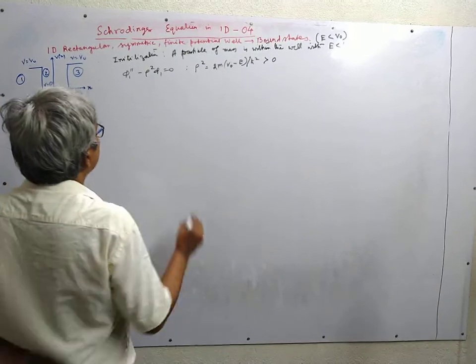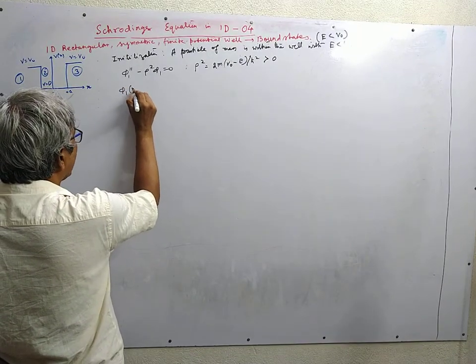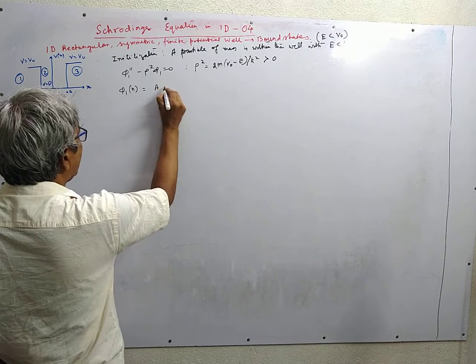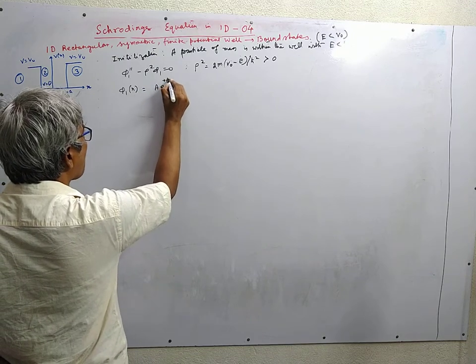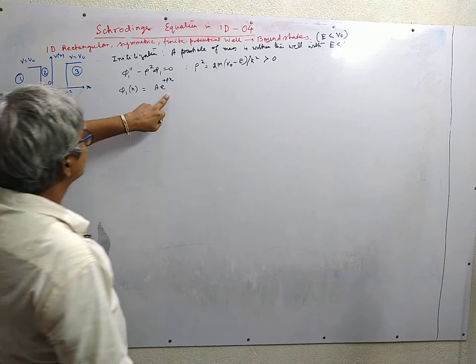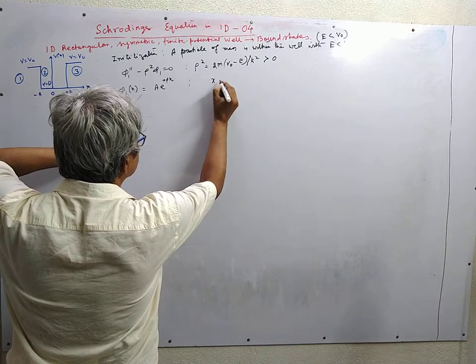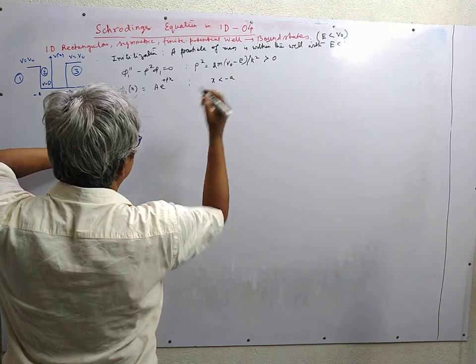The physically acceptable solution is phi 1 of x equal to A e to the power plus rho x, because this wave function prevails in the negative x region, and as x tends to minus infinity, this wave function goes to 0. So the range of applicability of this region is x less than minus a.